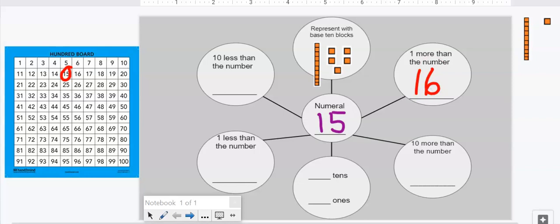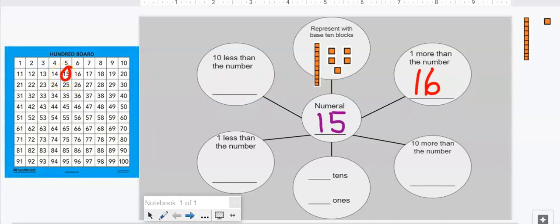What is 10 more than the number? Let's see, what is 10 more? I'm noticing the patterns on the 100 chart, and 10 more would go from 15 to 25. Let's count it.